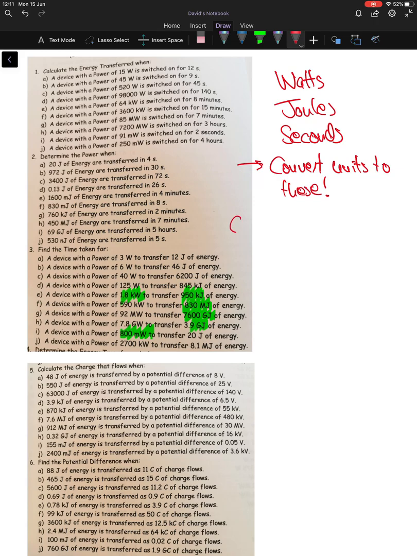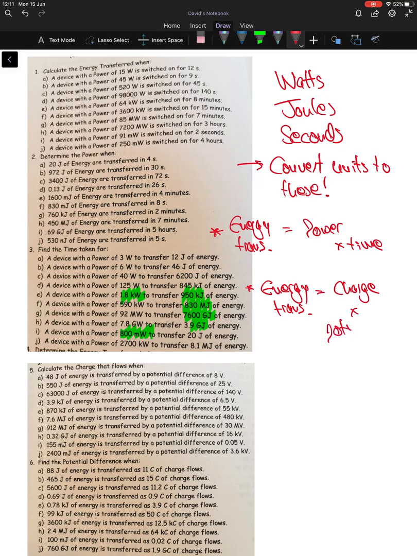So you need either energy transferred equals power times time, or you need energy transferred equals charge times potential difference.